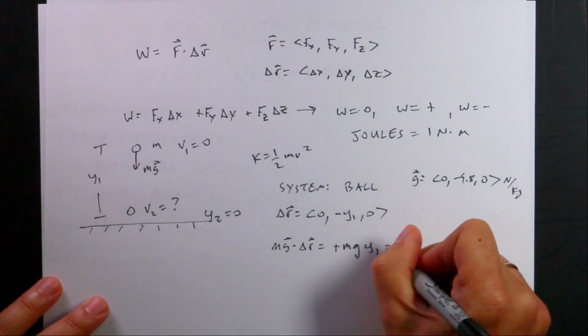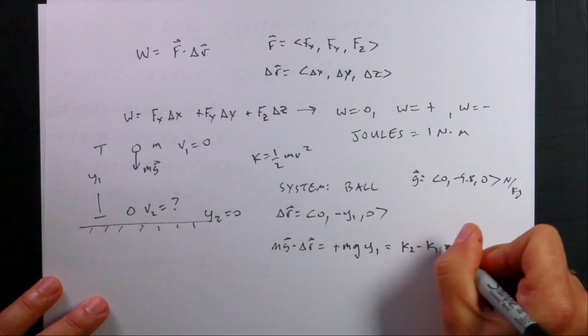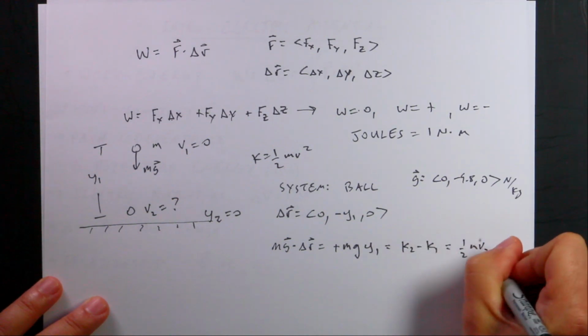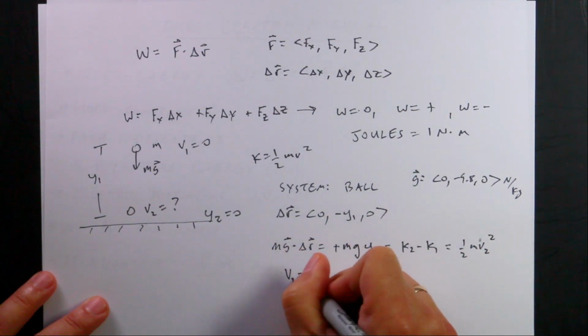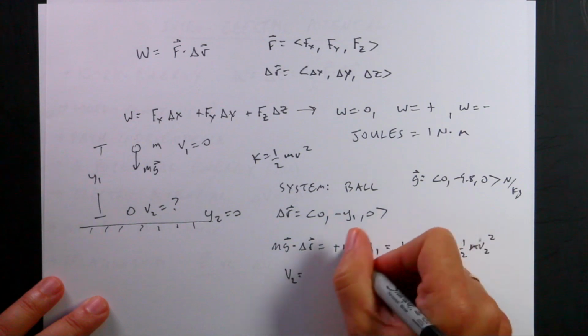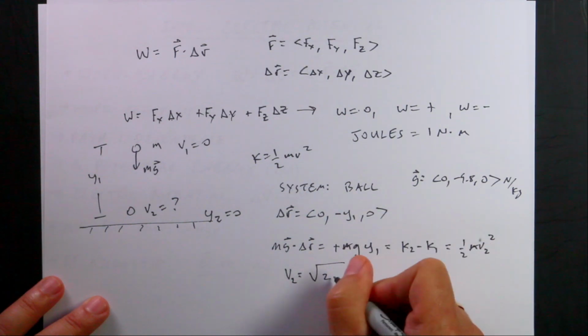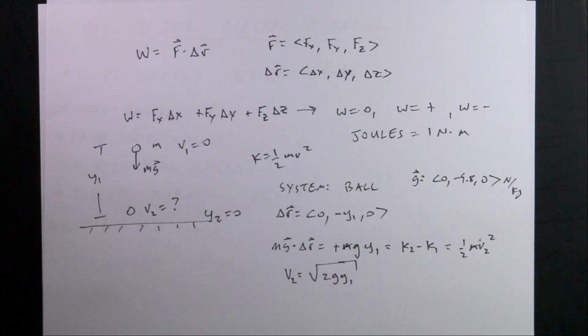And that's going to be equal to the change in kinetic energy, so it's going to be k2 minus k1, but k1 is 0, so it's going to be 1/2 m v2 squared, and I can use that to solve for v2. So v2 equals, the mass cancels, and I multiply by 2 and take the square root of 2gy1. So that was a simple work energy problem.